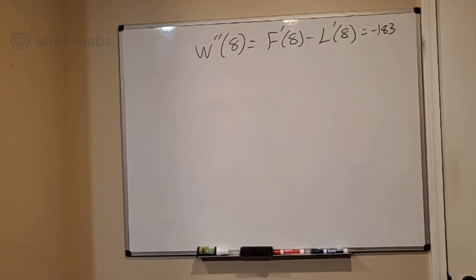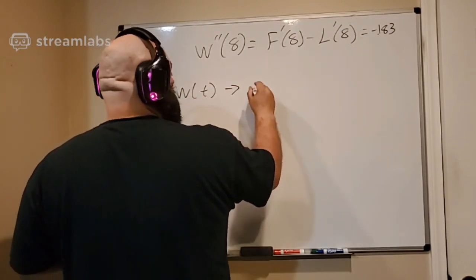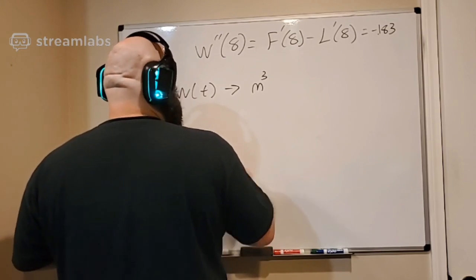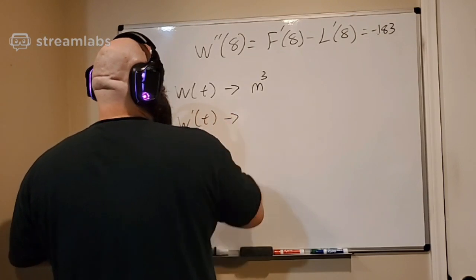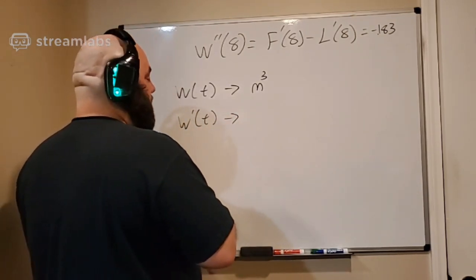And then the question that you have to be careful on is what are the units of that? So we have to remember that it's quite easy. So W of t is volume, so we can just call it meters cubed, whatever unit of measurement of volume. So what is W prime of t measured in? If W is a volume, what is W prime of t again?